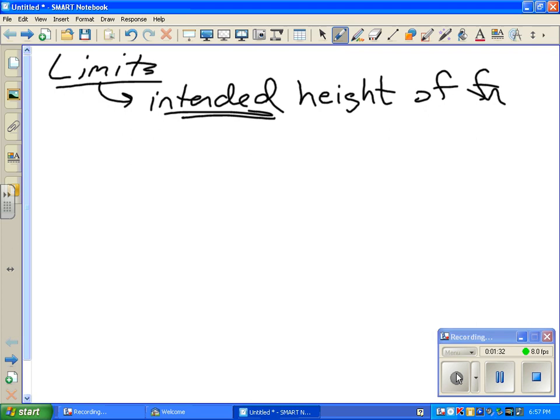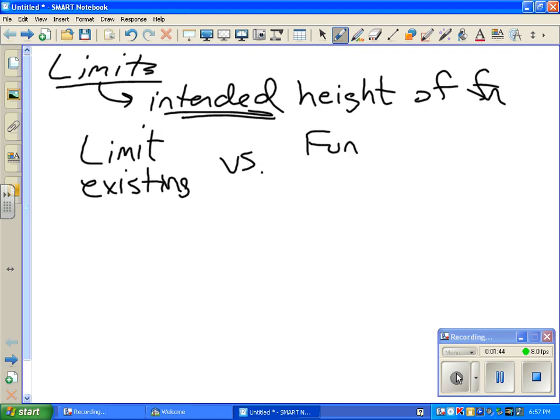One of the key ideas, probably the most important idea from chapter 1, is the limit existing versus a function existing. Okay, so a function can exist, but a limit cannot. A limit can exist and a function cannot. They both can exist. They both could not exist.